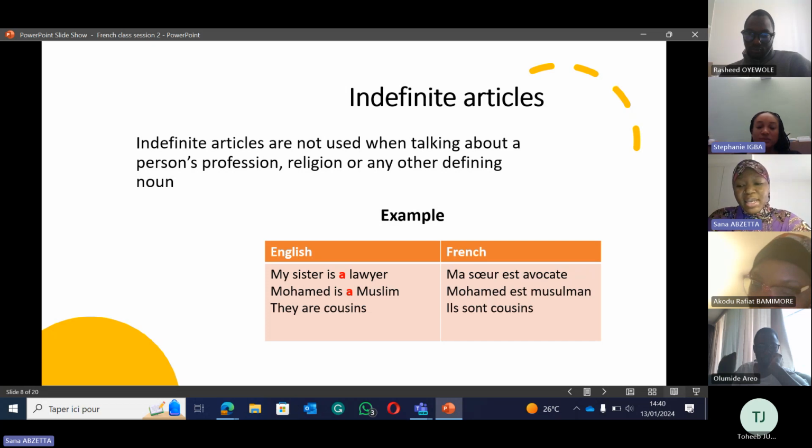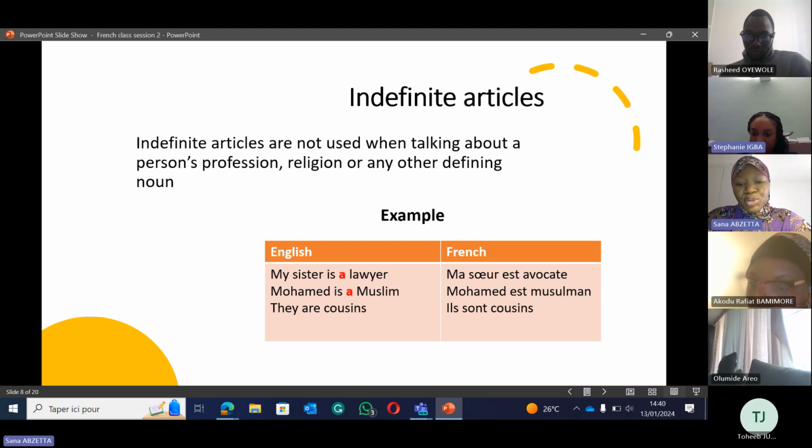If you want to say my sister is a lawyer, in French there is no article in front of lawyer. You will just say, ma soeur est avocate. For religion, Muhammad is a Muslim, but in French you just say Muhammad est musulman. There is no article in front of the word.